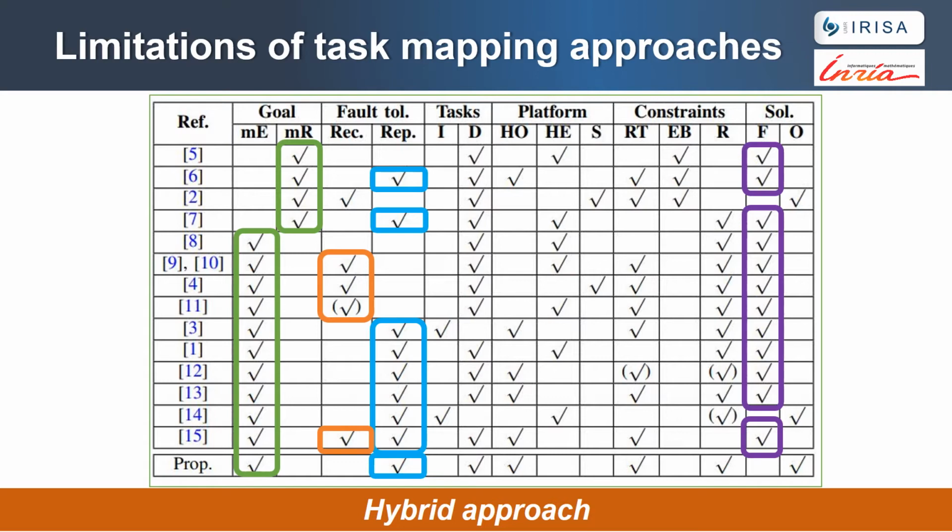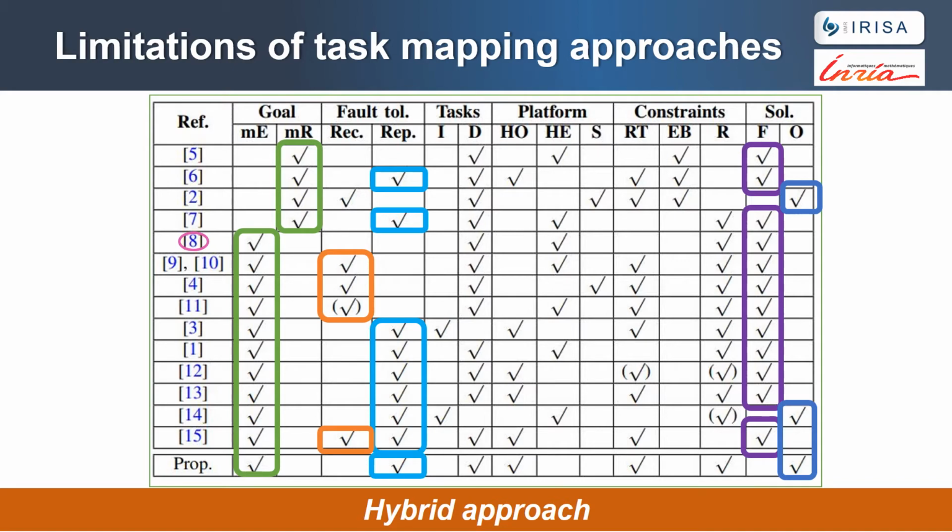Existing works have several limitations. For example, some approaches assign high frequencies to meet the reliability requirements. Such solutions increase energy consumption. It may also be impossible to satisfy reliability constraints even at high frequency.